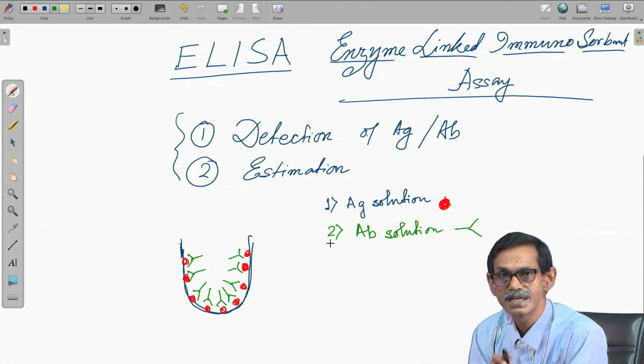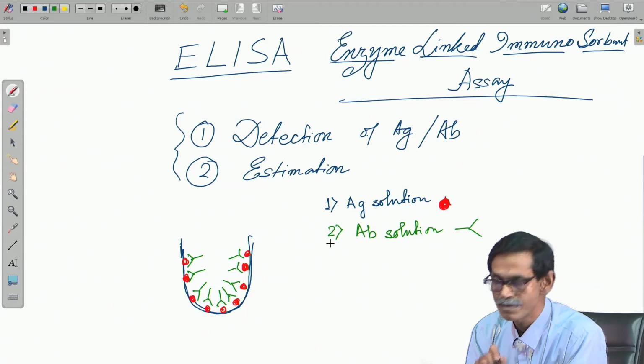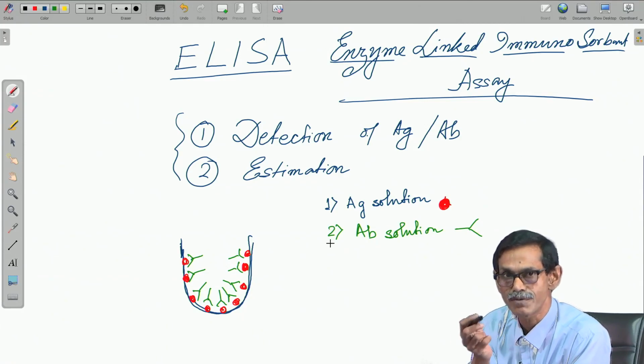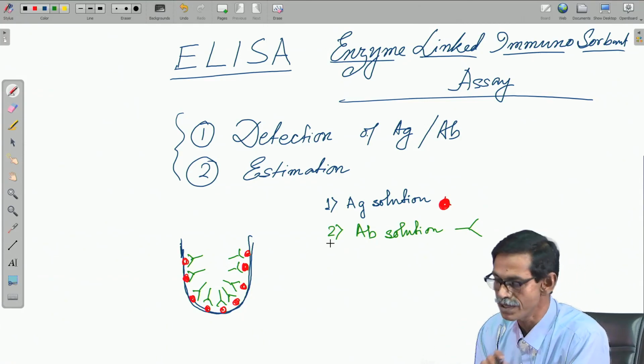I am telling you first the simpler way of detection, though technically it is a little more difficult.